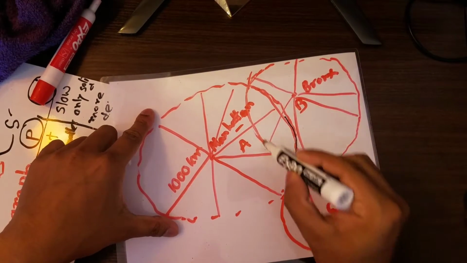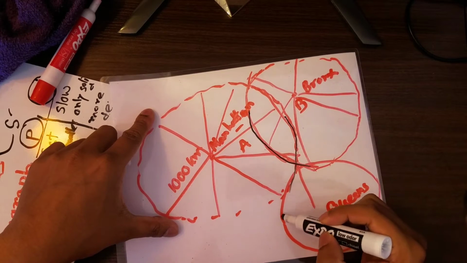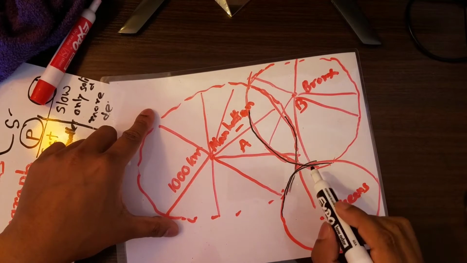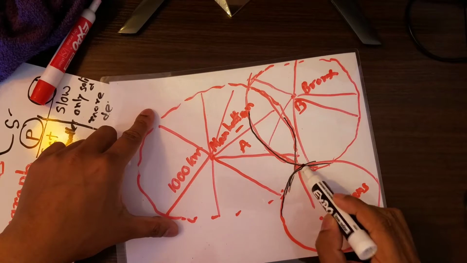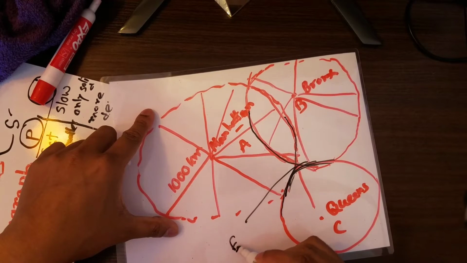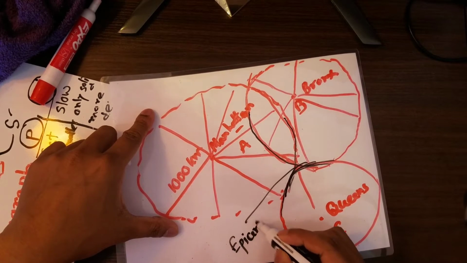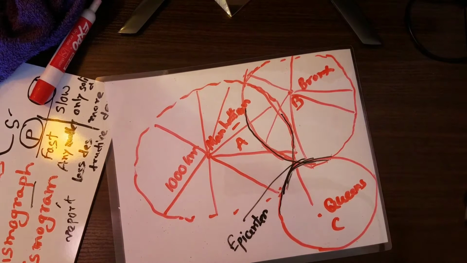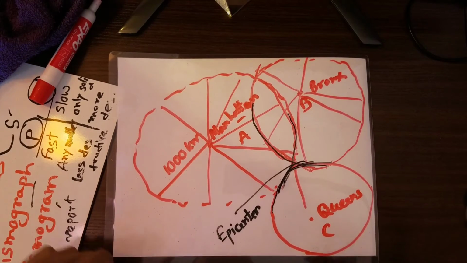So this is one, this is the second one, and this is the third one. It draws perfectly. So this is the epicenter. So you need to have 3 seismogram reports from 3 stations to correctly locate the epicenter. So this is really important.